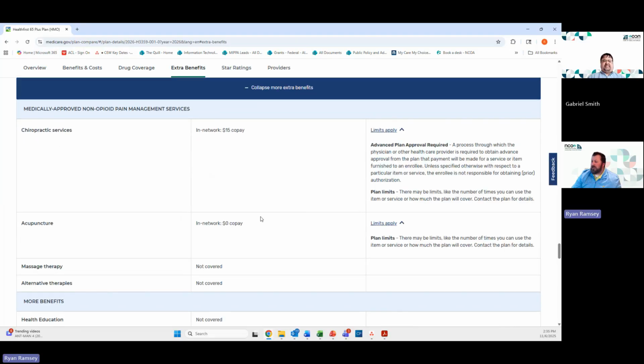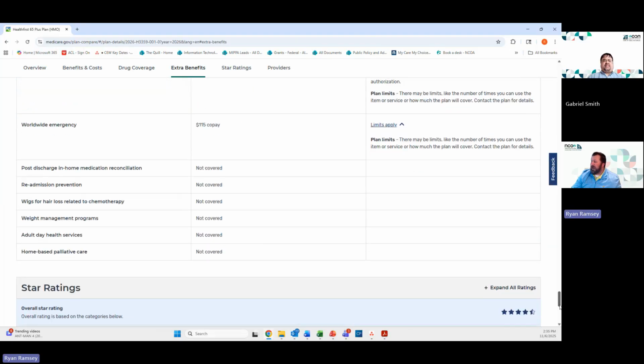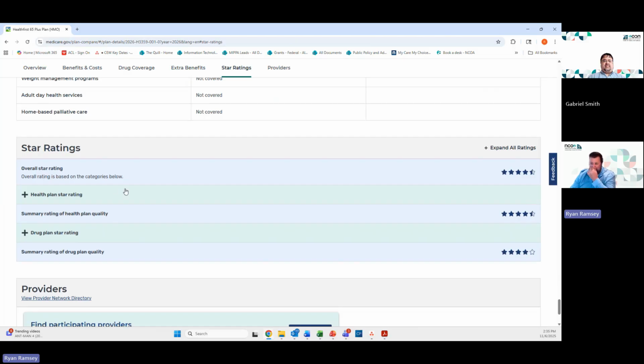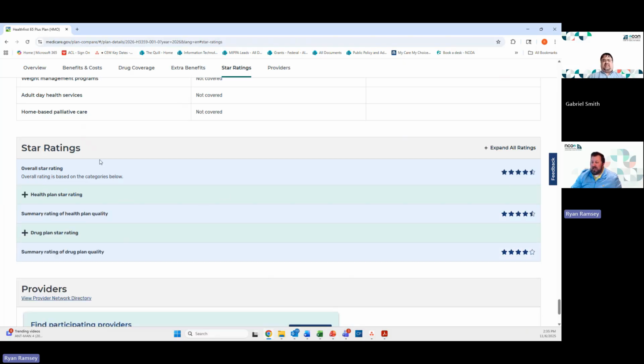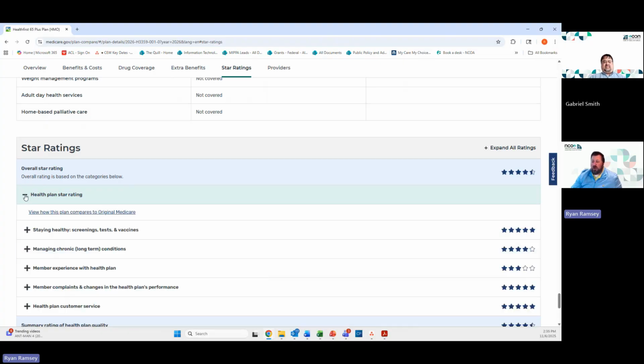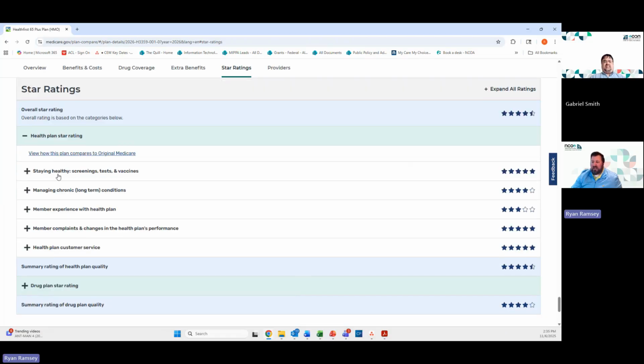I also mentioned some information about star ratings and taking those into account. You can navigate right at the bottom for the star ratings. You've got the total star rating, and that's broken down between your health and drug plan star ratings too. So my health plan rating has things like staying healthy, screenings, tests, and vaccines.